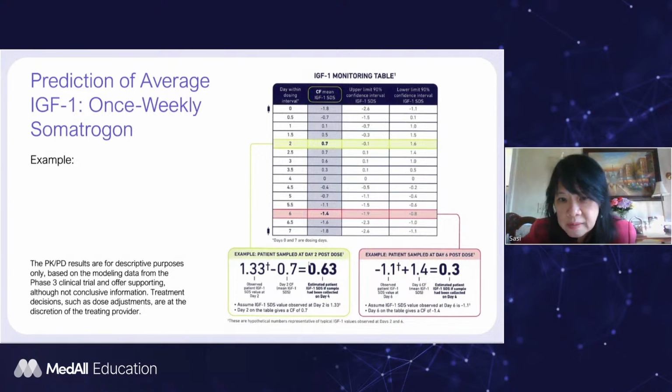And if you draw on day 6, then you subtract negative 1.4, so that will change to addition. So you get the math that is plus 1.4 here. But we may find that sometimes it's easier to just tell the patient to go get lab on day 4 after the injection, then we don't need to do this adjustment.